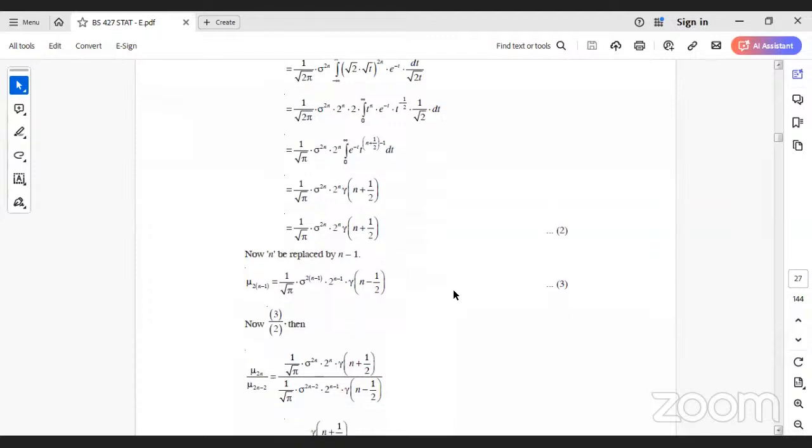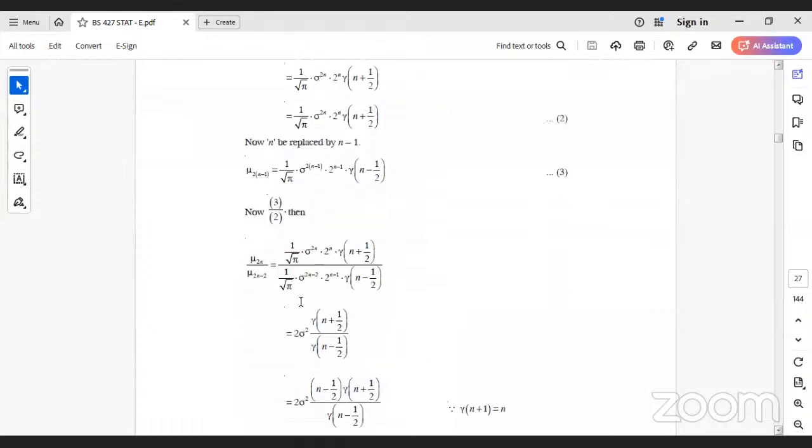So 3 by 2 we are taking here, mu into 2n by mu into 2n minus 2. So 1 by root pi sigma 2n, 2n into gamma n plus 1 by 2, by 1 by root pi sigma 2n minus 2, 2 power n minus 1, gamma n minus 1 by 2. So we are taking here root pi gets cancelled.